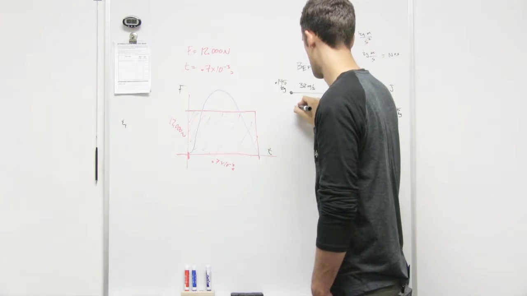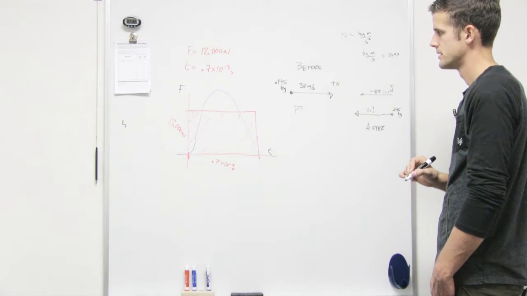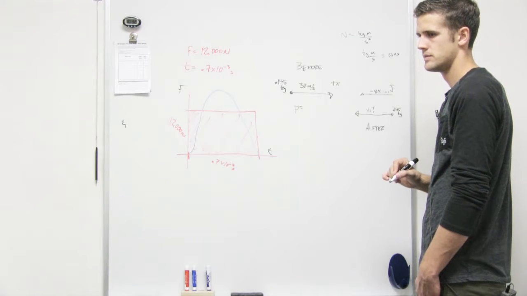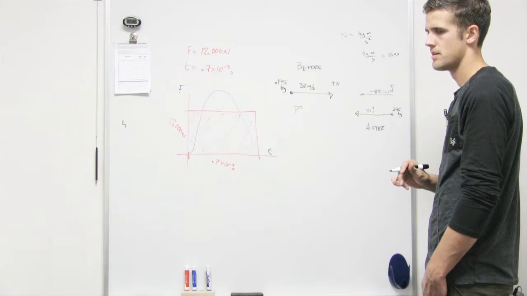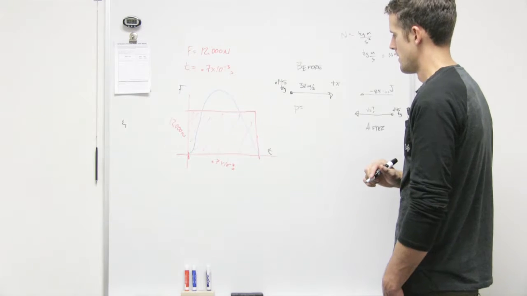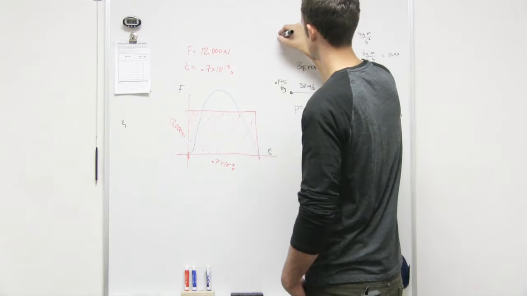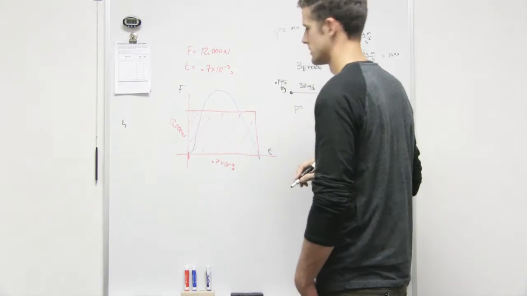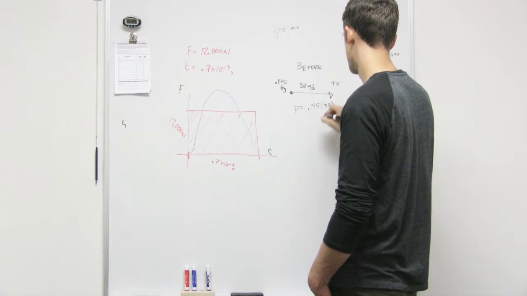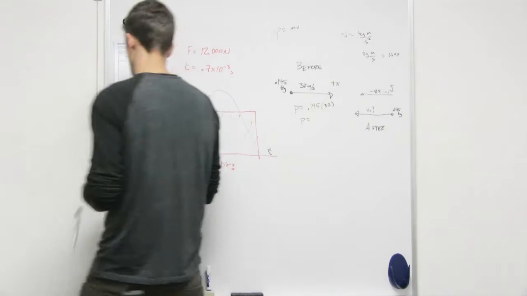So what's the momentum that you have before? Momentum is mv, so you multiply 32 by 0.145, and that would be your momentum initially.